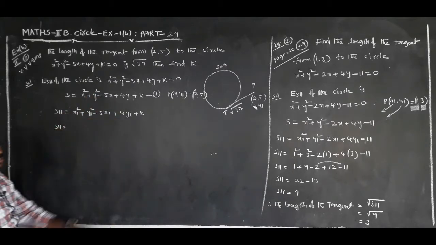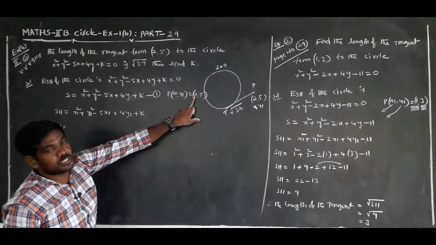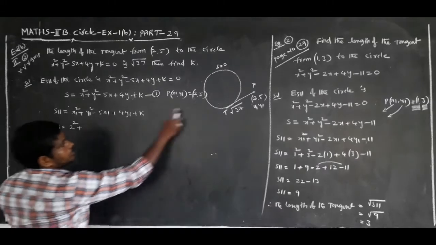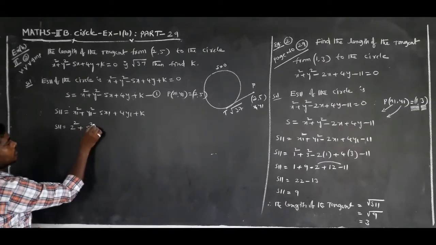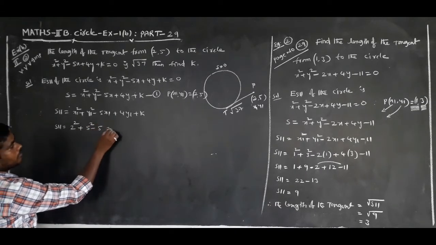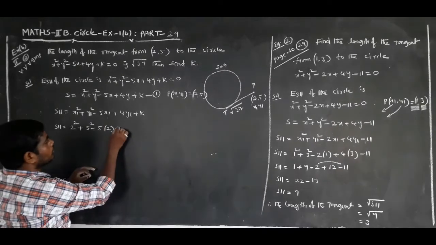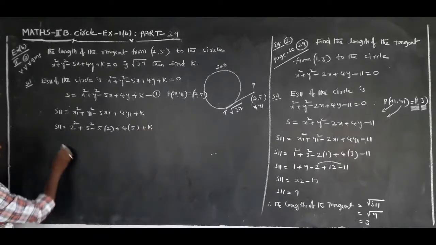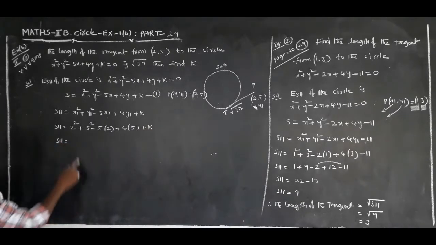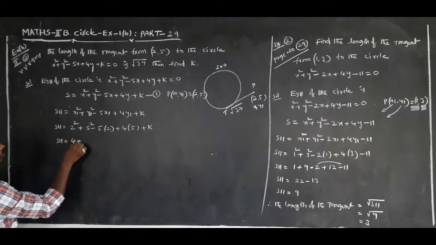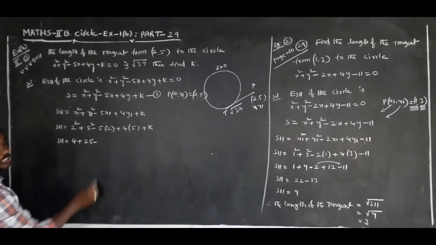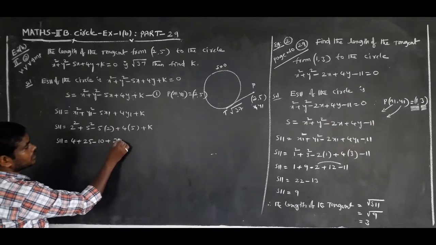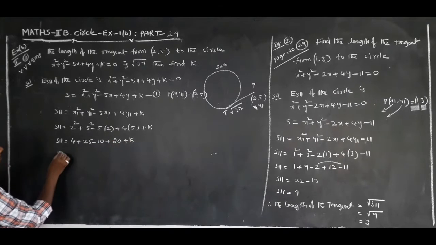S11 is equal to, substituting x1 equal to 2 and y1 equal to 5: 2 square plus 5 square minus 5 into 2 plus 4 into 5 plus k. S11 is equal to 2 square is 4, 5 square is 25, minus 5 twos are 10, 4 fives are 20, plus k.